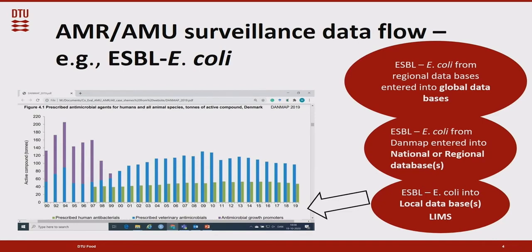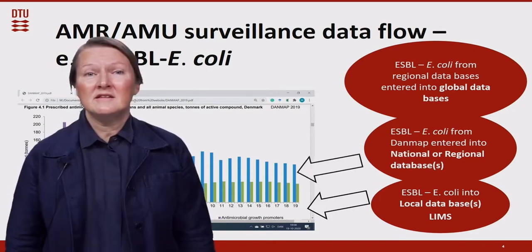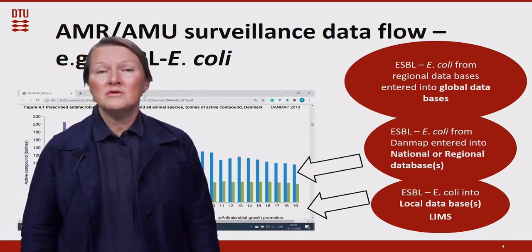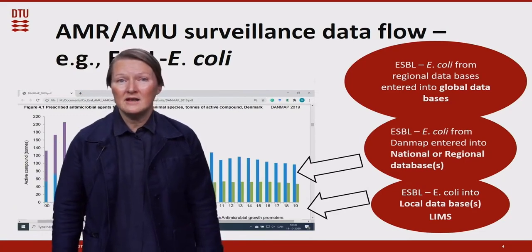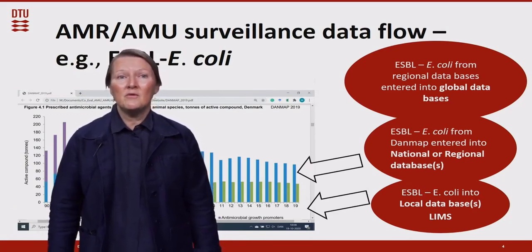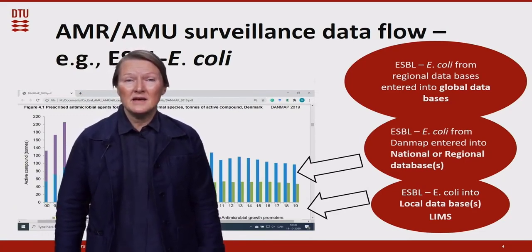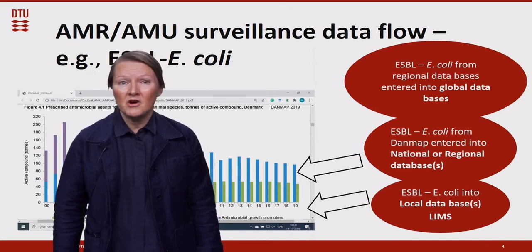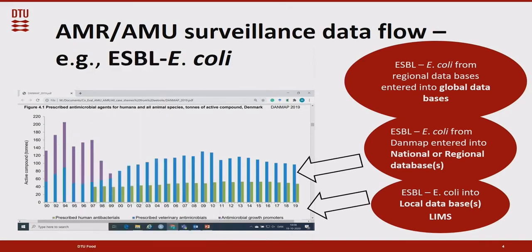We could also, maybe in our AMR surveillance system, discover that there's a completely new resistant type occurring. And then we could look into our usage database to see whether the driver for that particular resistance has been used.